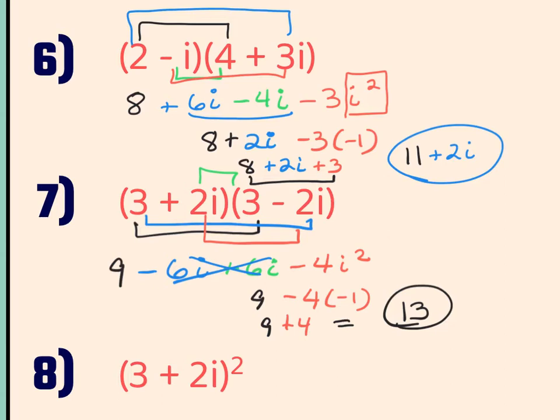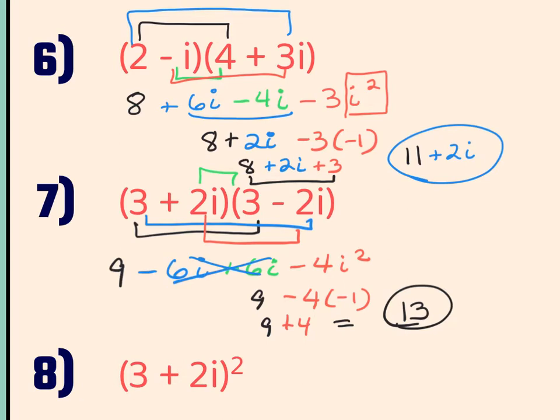Notice when I FOILed these two, my i's disappeared, and I was only left with the real answer. So when you have to rationalize, this is what we're going to do. But we're going to see this on the next slide. Now, if you ever forget and you're multiplying something by its complex conjugate, you just do the whole FOIL process and your outer and inner will cancel.